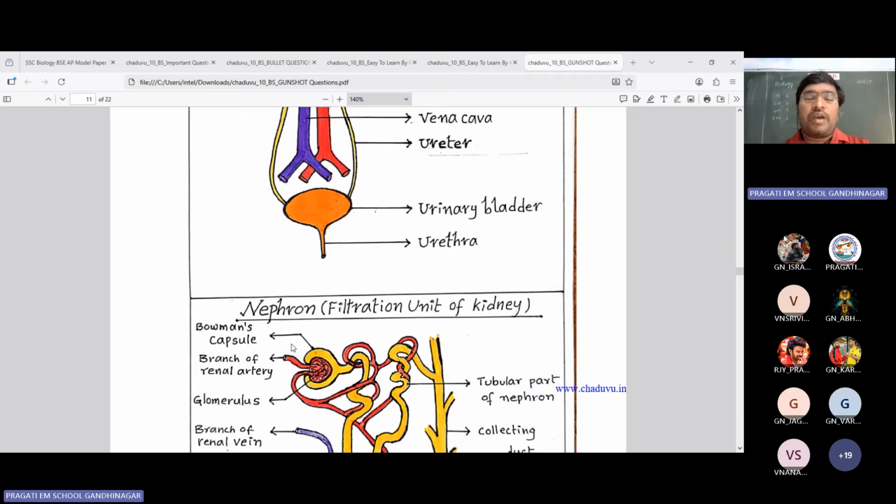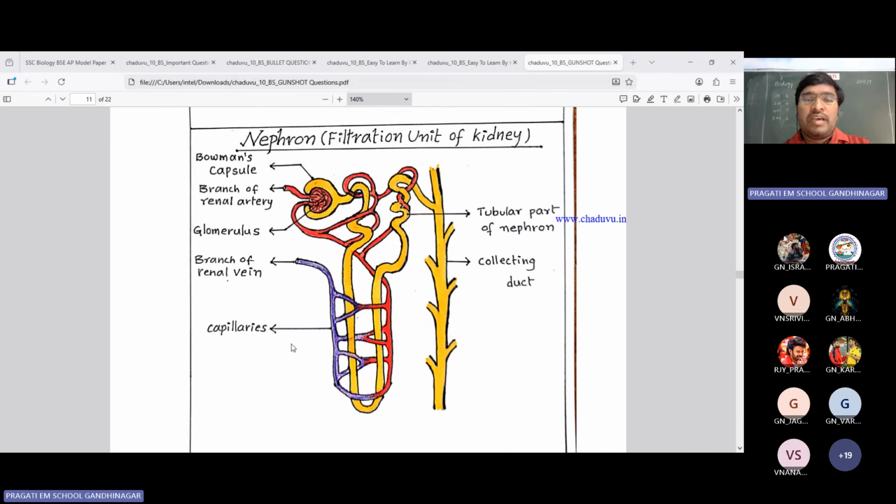The second diagram is the nephron. What is the nephron's other name? Filtration unit of the kidney. The structural and functional unit of the excretory system is the nephron, isn't it, children?